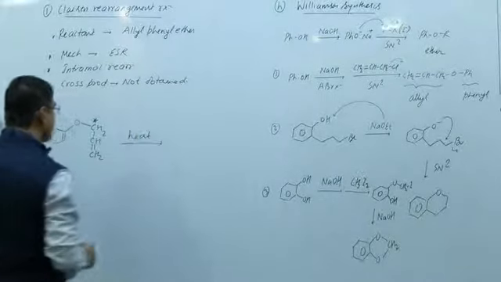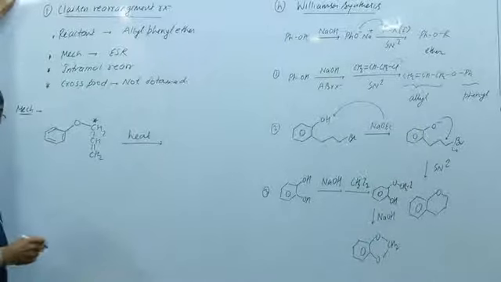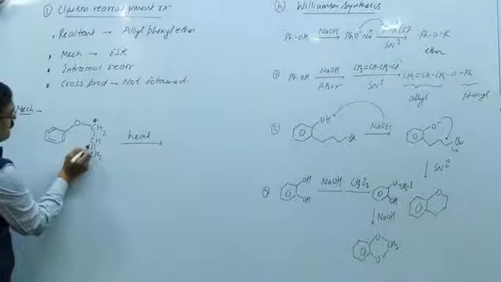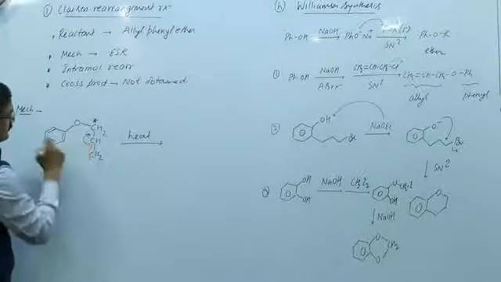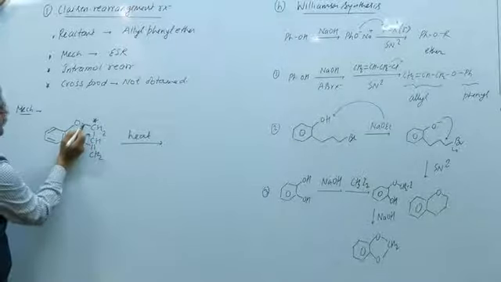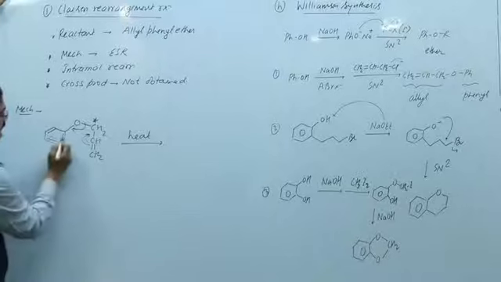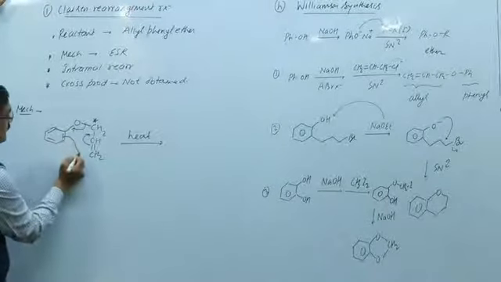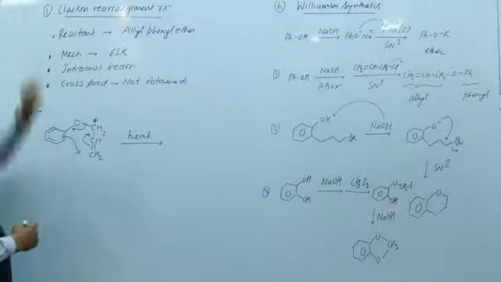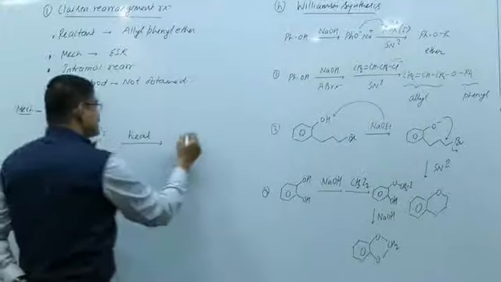On heating, rearrangement takes place. First of all, this pi bond shifts to the next carbon, the second bond shifts to the next bond, and the pi bond of benzene shifts towards the carbon atom. So a cyclic transition state is formed.